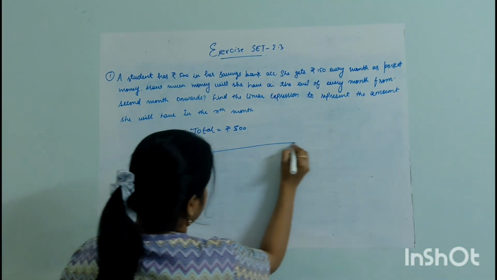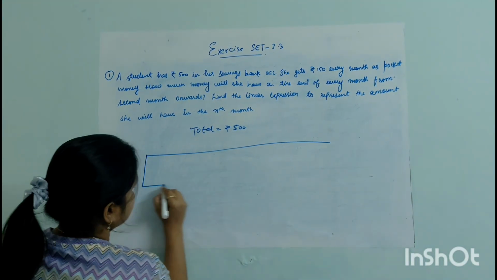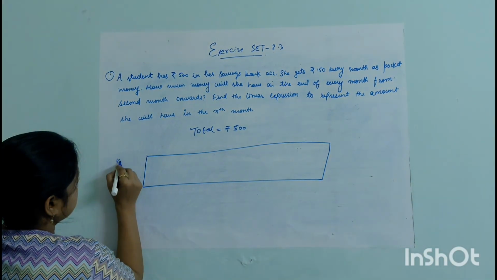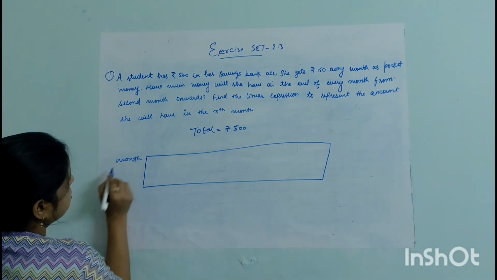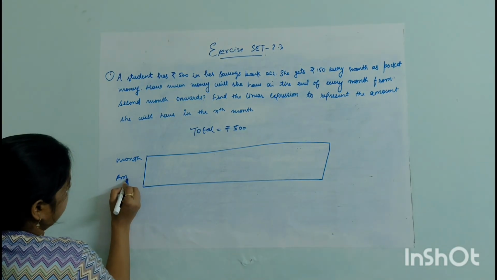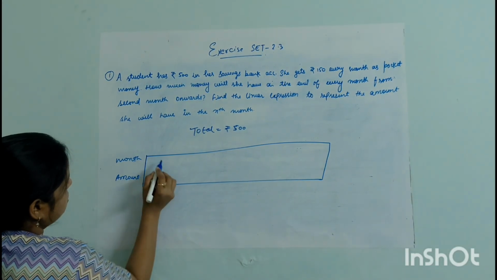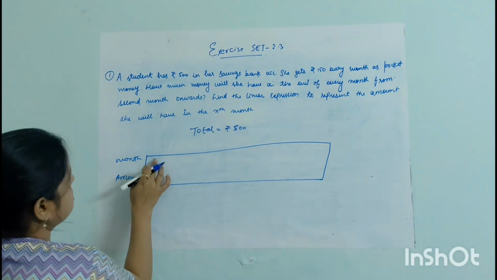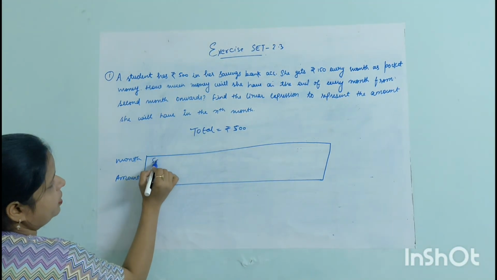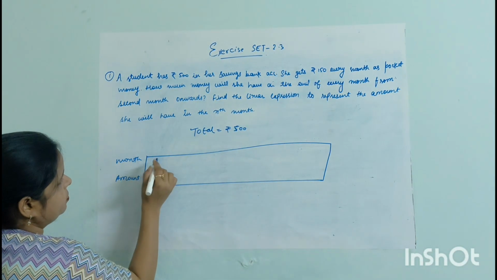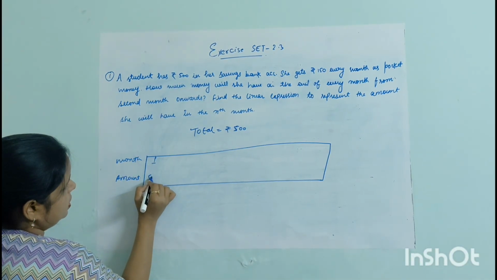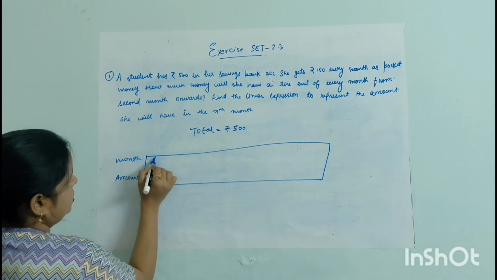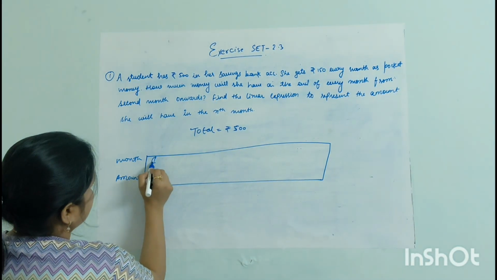That means, if we say this is month and this is the amount, at first month she has 500 rupees initially in her account.